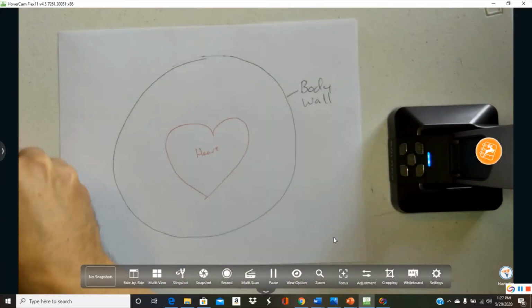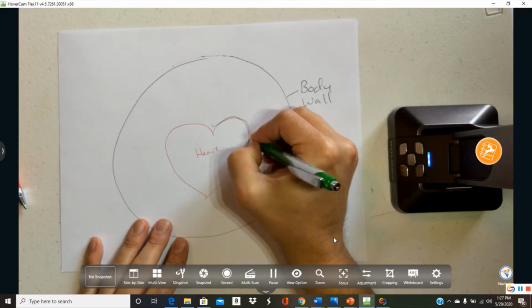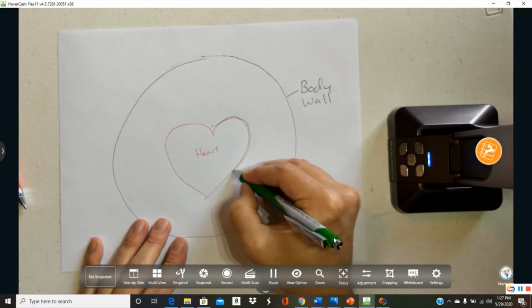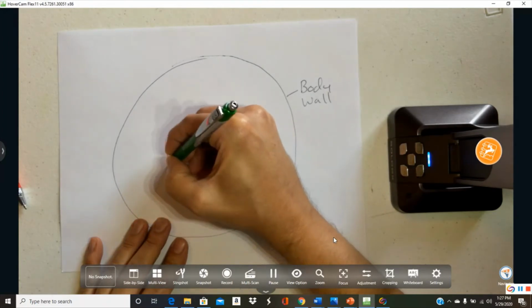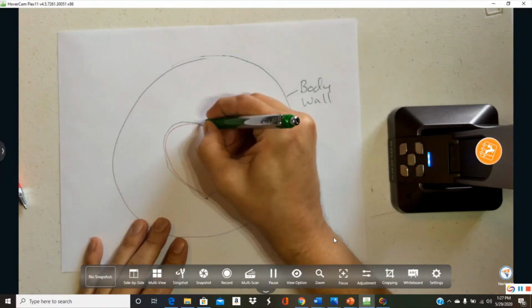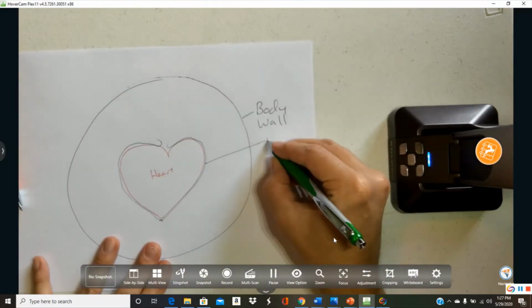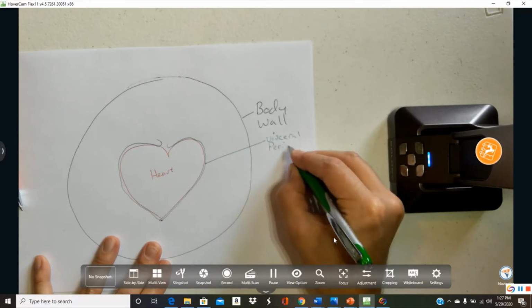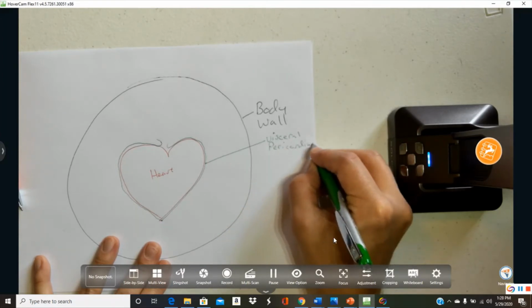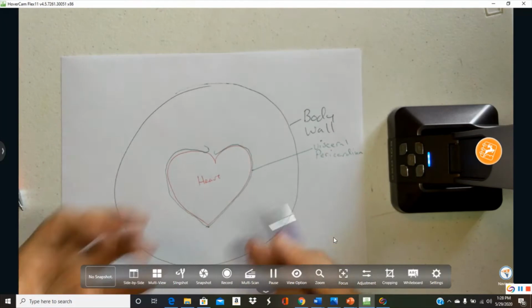The visceral layer of the heart is actually part of the heart wall, so really it should be as close to the heart as I can get it, but it's very hard for me to draw it too close. This is called the visceral pericardium. Remember, visceral layers are always associated with the heart or organ itself. It's actually on the organ.